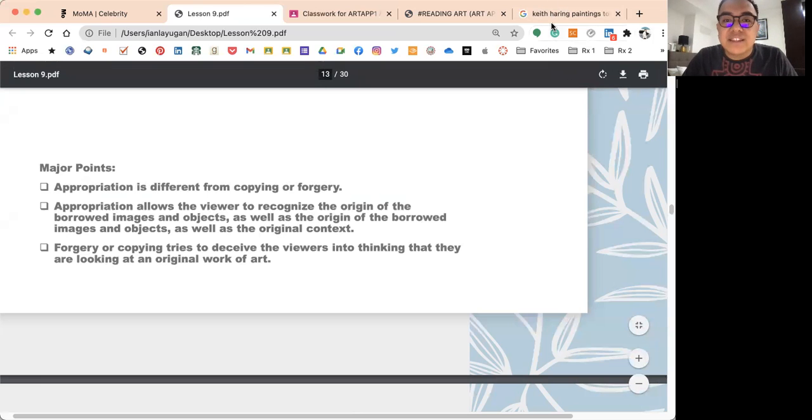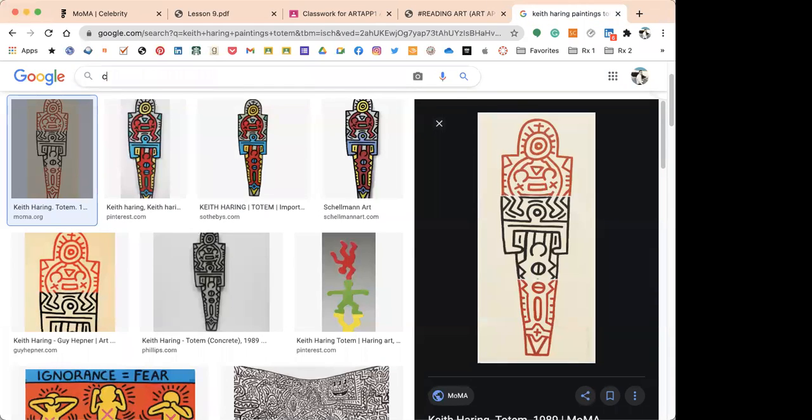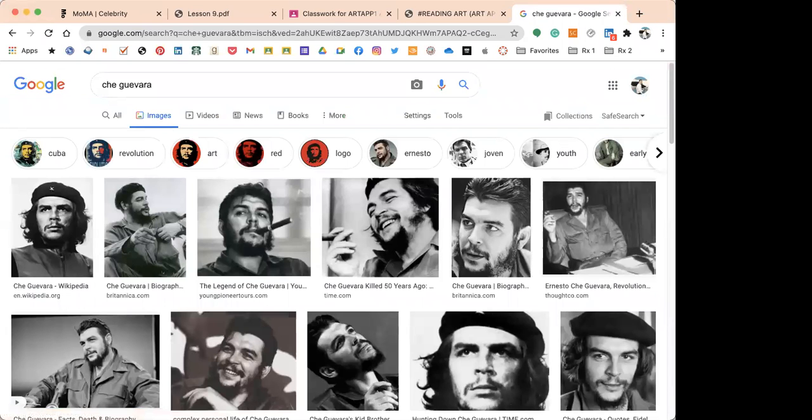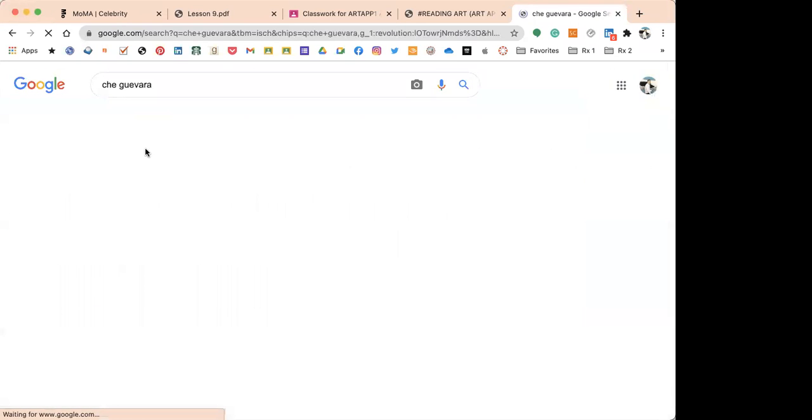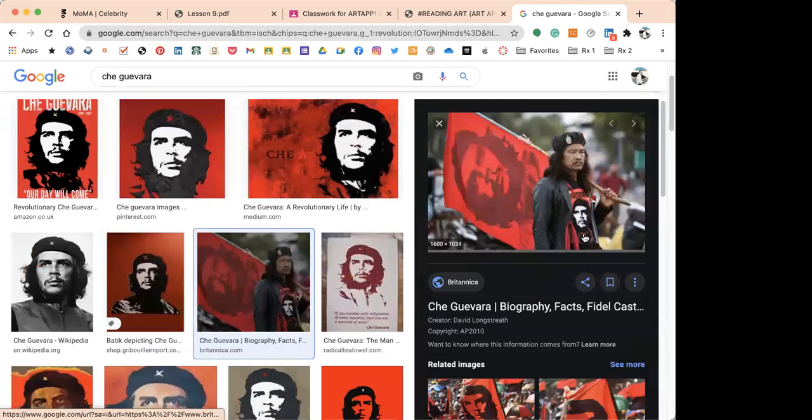into that new thing. That's why, for example, the Che Guevara, right? Have you seen this shirt? This is a very strong example of appropriation. Che Guevara is an activist, and he lived a life of adventure and activism.